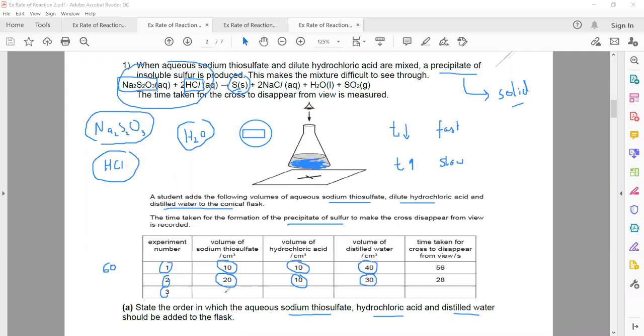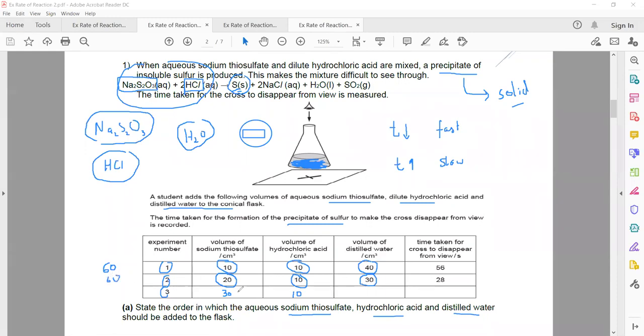For example, I took 30 cm cube of thiosulfate and 10 cm cube of HCl. We are not changing HCl, we are only changing thiosulfate. How much water should I take for a fair comparison of this experiment?